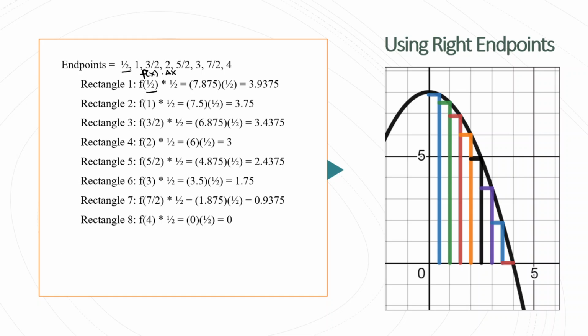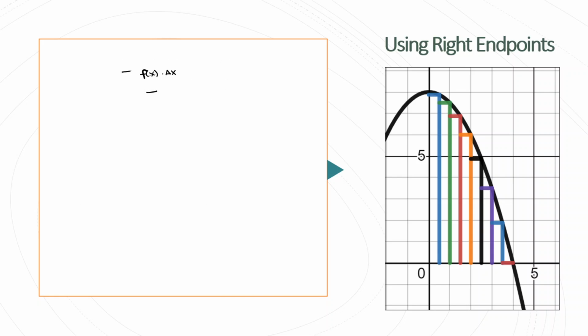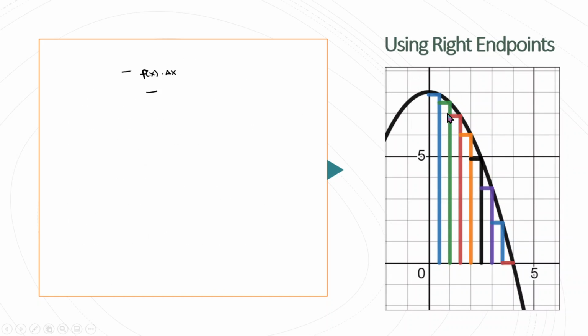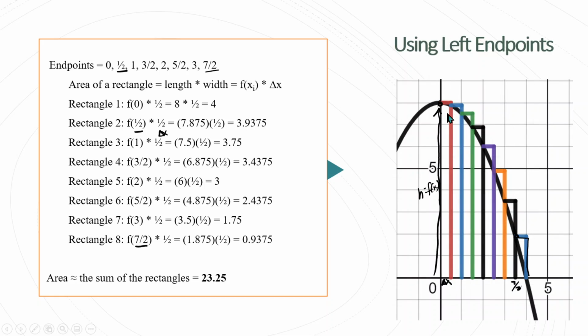Look back at our left endpoints. On our left endpoints, every rectangle is a little too large, right? And so this is an overestimate.